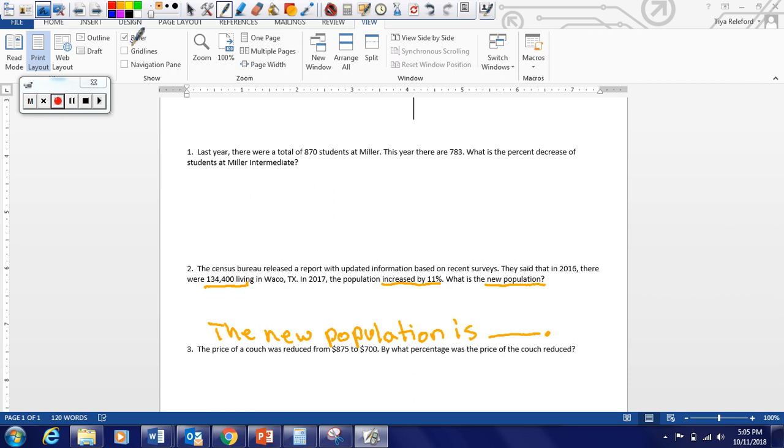So if we don't get an answer that's more, we're not right. So we know it's a percent, set up your proportion. And on top of 100 goes our percent. And our original, what we started at, right? That is my 134,400. X is what we're going to find out. We're going to find out what 11% is.